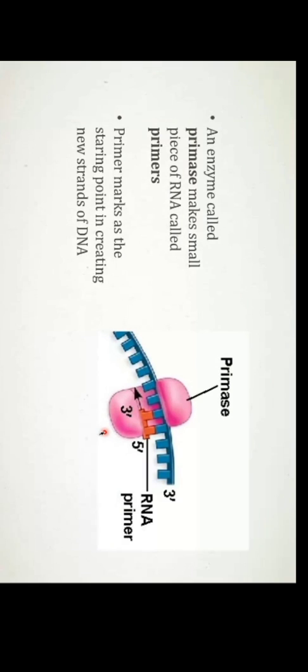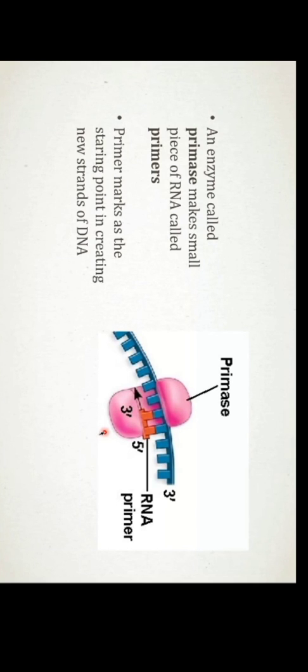Next, an enzyme called primase makes a small piece of RNA called a primer. The primase attaches to the replication fork and makes a primer, which serves as the starting point in creating strands of DNA.